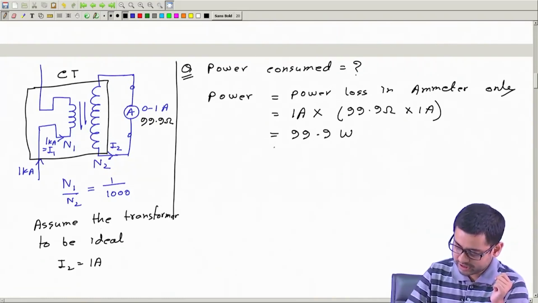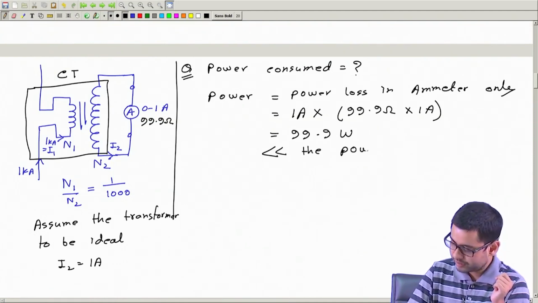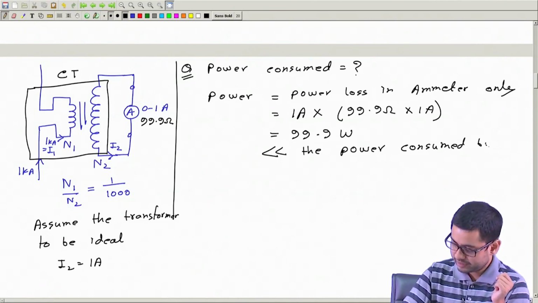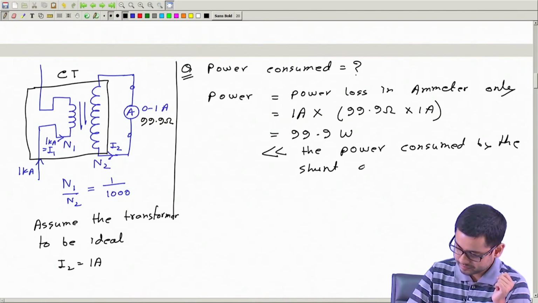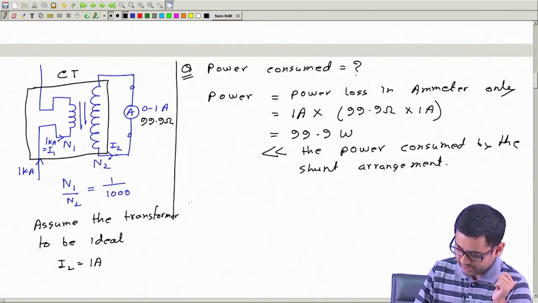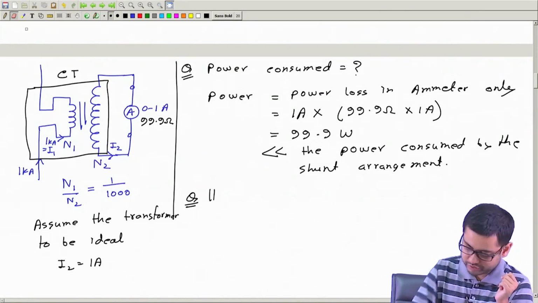So much less than the power consumed by the shunt arrangement. Now let's ask the other question. What is the internal impedance of the measuring instrument?